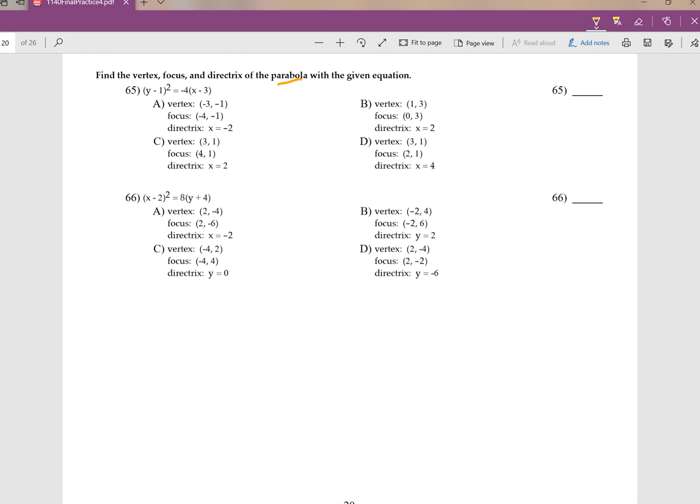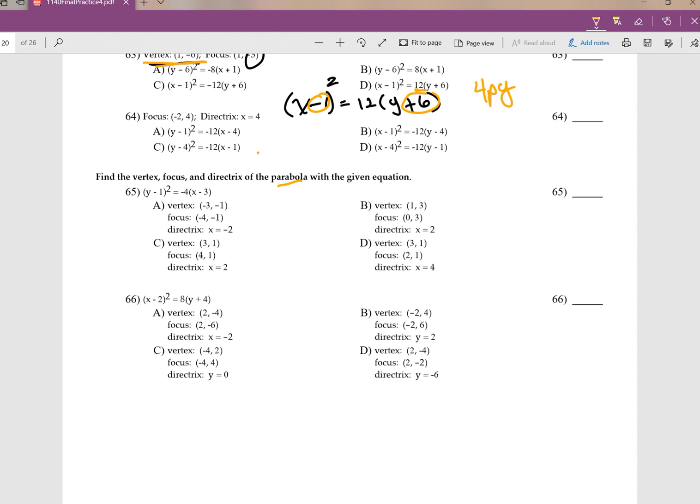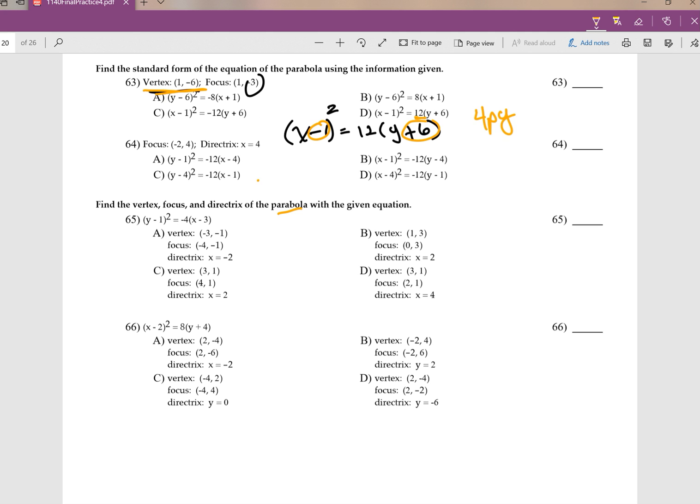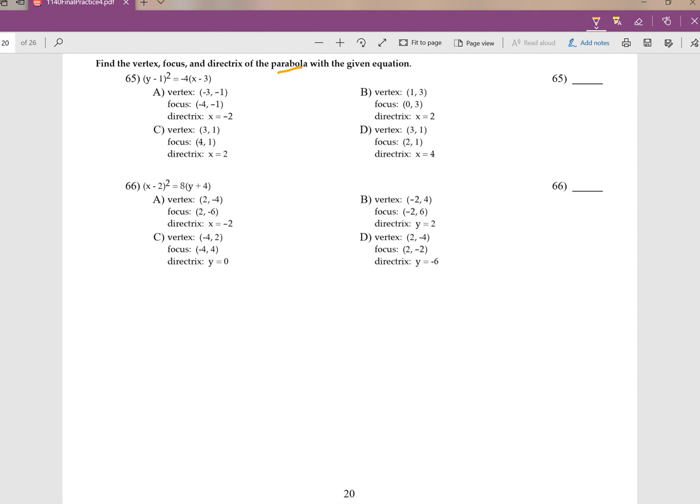So now we're dealing with parabolas. Okay, so for 65, the first thing we want to do is look for the vertex first, and that'll help you rule out the answers.